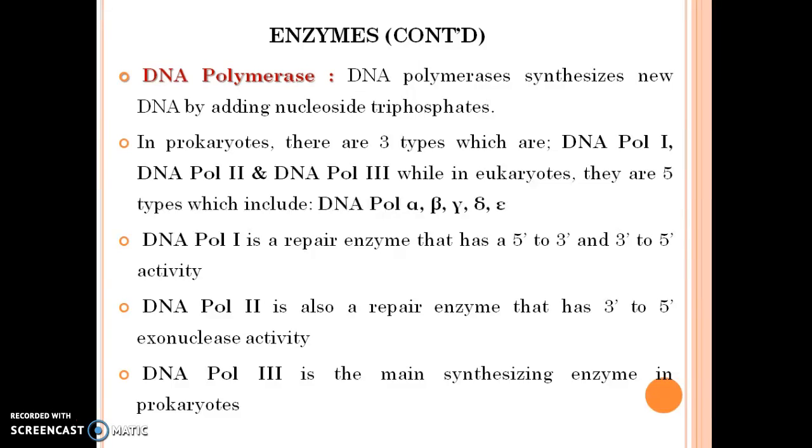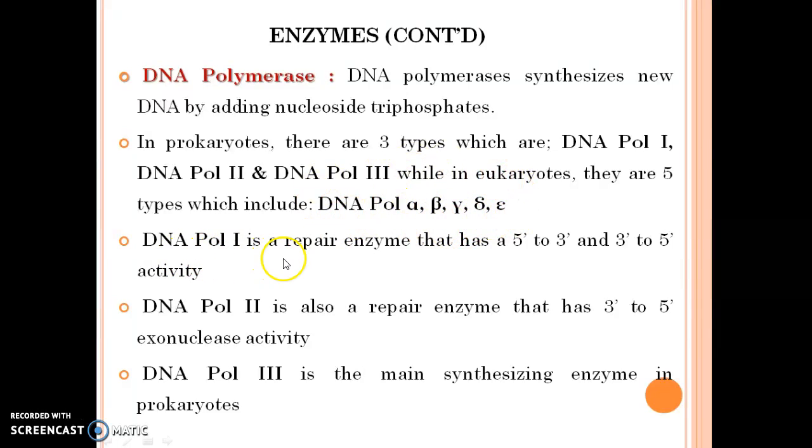While in eukaryotes, we have 5 DNA polymerases, which include DNA polymerase alpha, beta, gamma, delta, and epsilon. Of course, they all have their distinct functions they play in the process of replication in eukaryotic organisms.